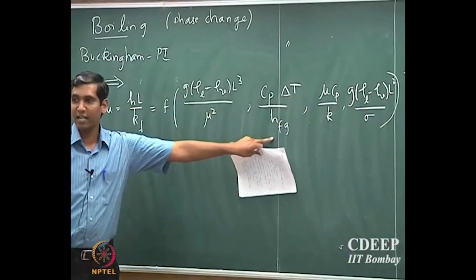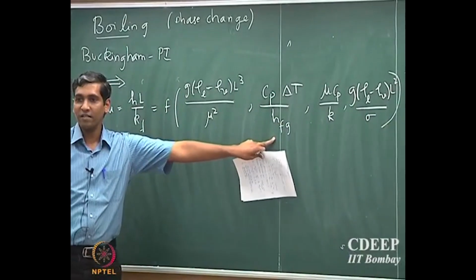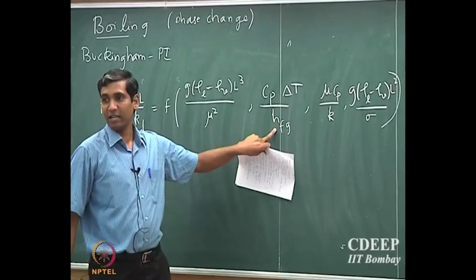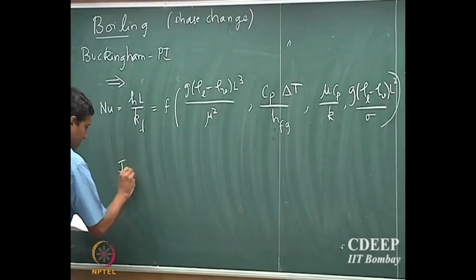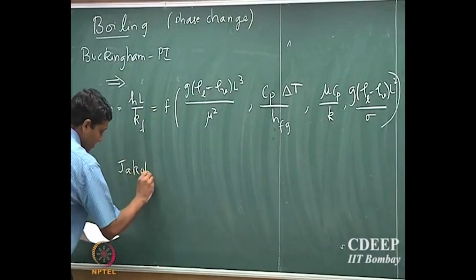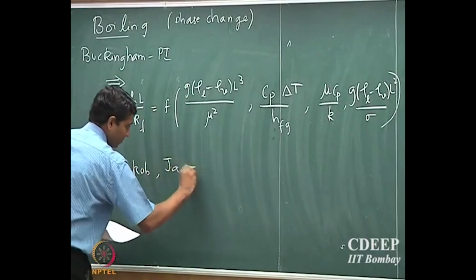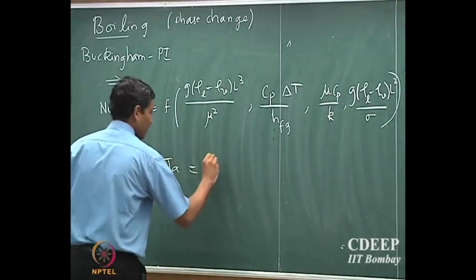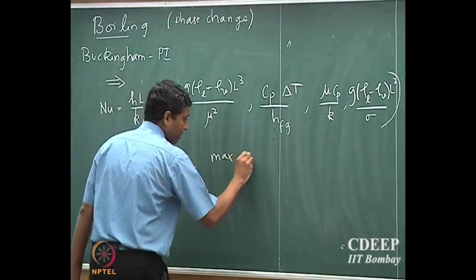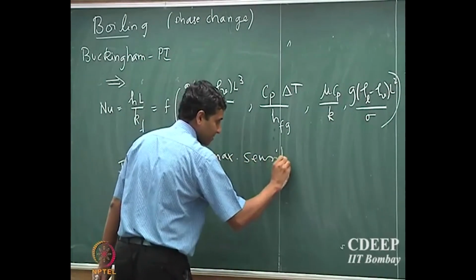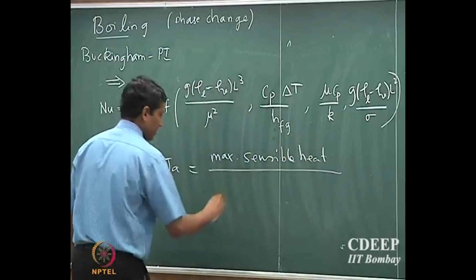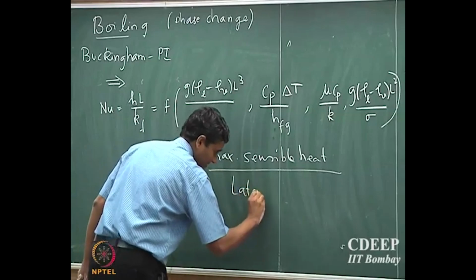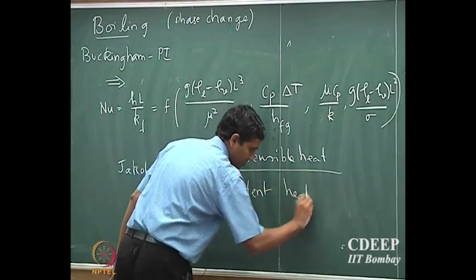What is Cp delta T by hfg? hfg is the latent heat. So, this is called the Jacob number. That is the ratio of maximum sensible heat divided by latent heat.